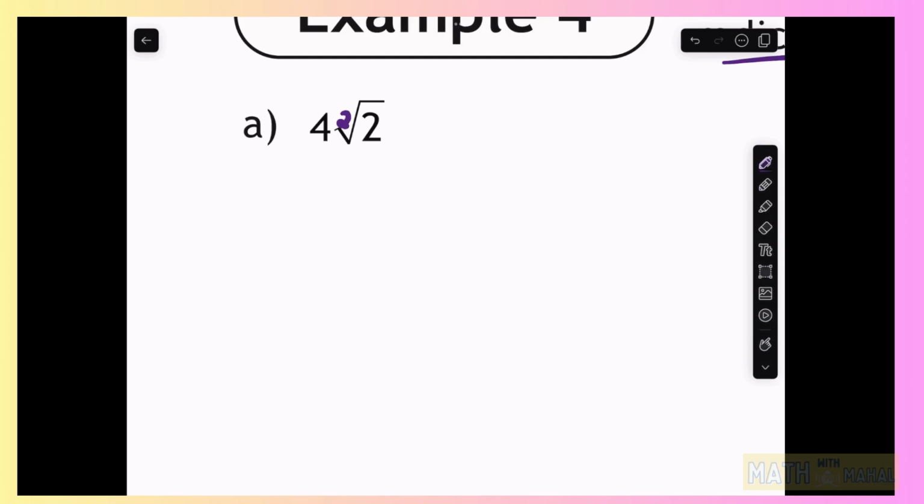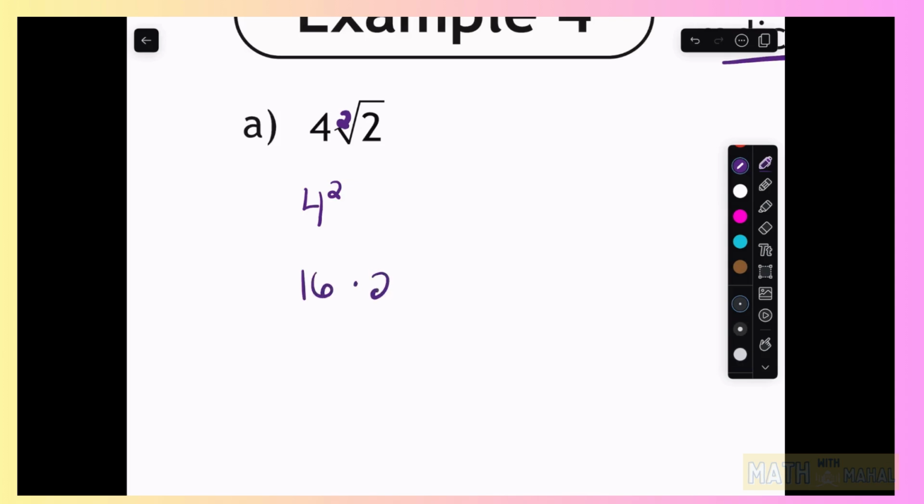So with that 2, we're going to do this in the reverse order and add the 2 to the 4, because really that's how we got that to begin with. So that becomes 16 times 2. Now everything is still under a root, so we can almost imagine it like this, and then that's going to become the square root of 32.